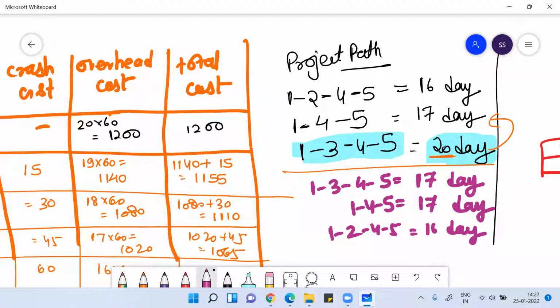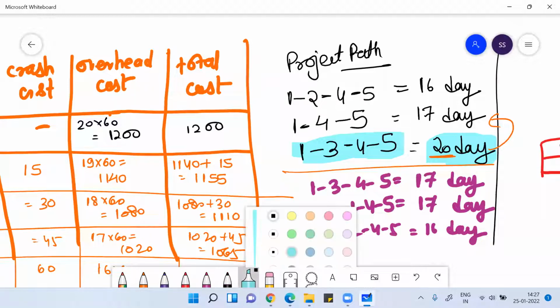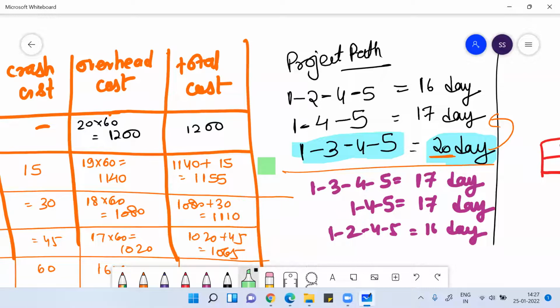Now, if you want to reduce it further, guys, 1, 3, 4, 5 from 20 days you made 17 days, right? Till 17 days there's no problem. But from 17 days, if you want to make it 16 days, then all three will be together. Then you have to change the other activity also, because now they are interrelated.